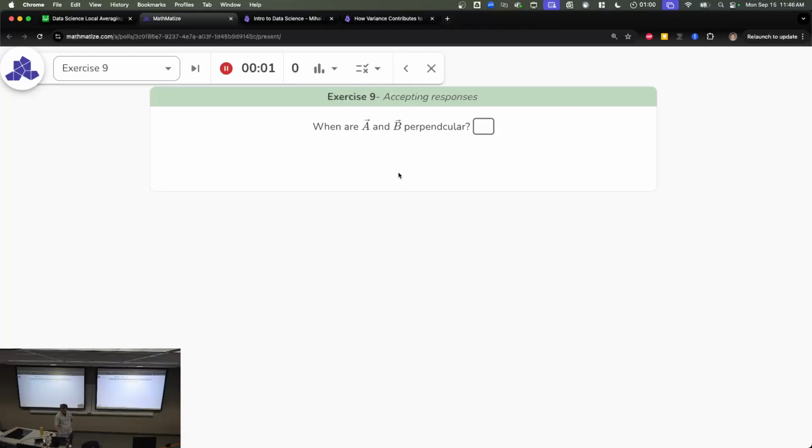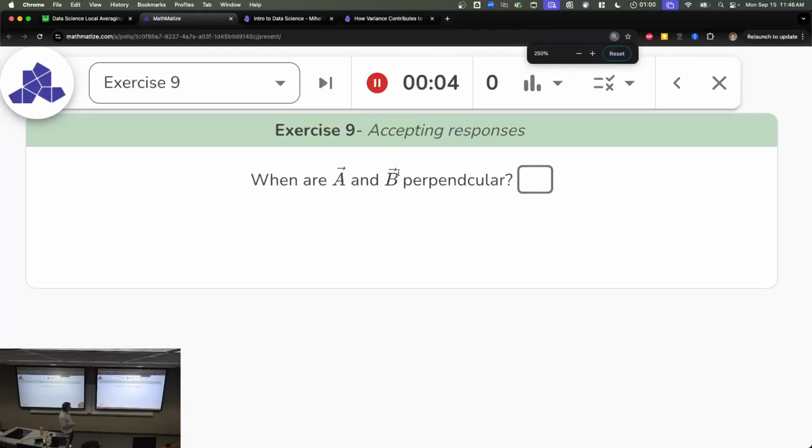Okay, it is open in Mathematize. You should have 3 possible answers. The cross product is 0, the dot product is 1, or something else.